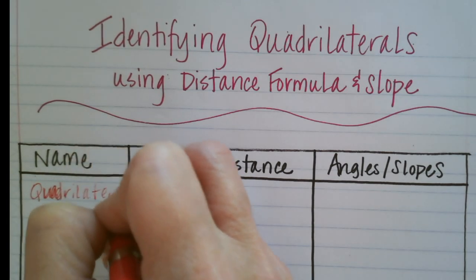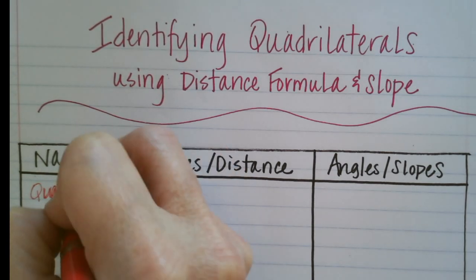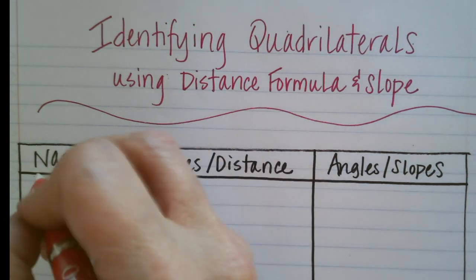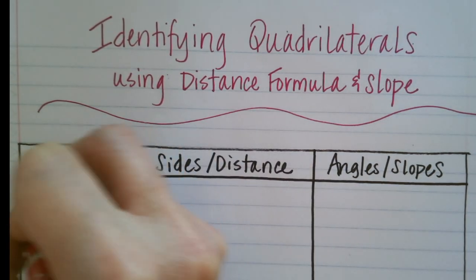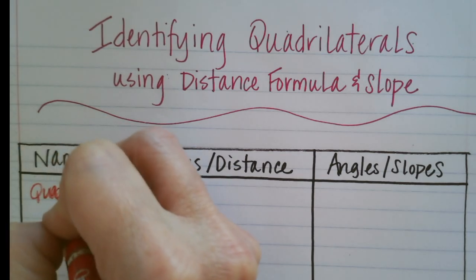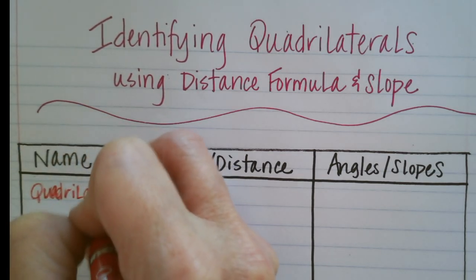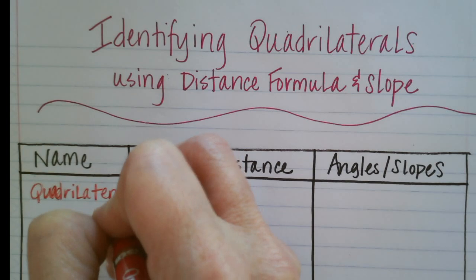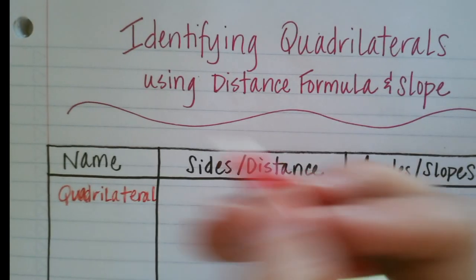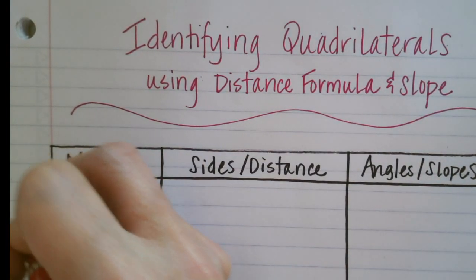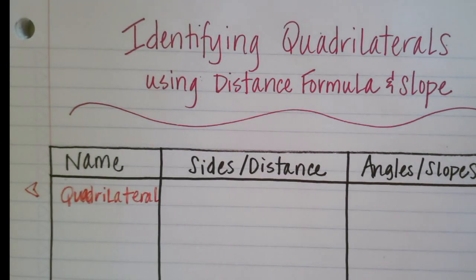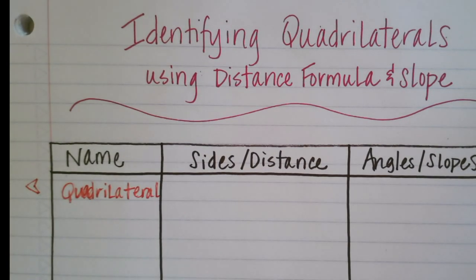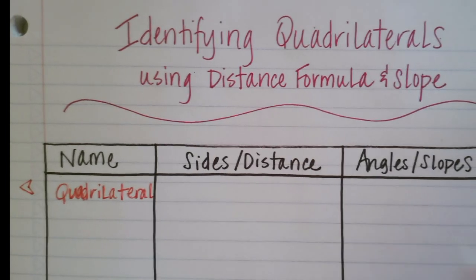A quadrilateral, all that means is that we have 4 sides. So it could be something like that. So quadrilateral just has 4 sides. That's all there is to it.